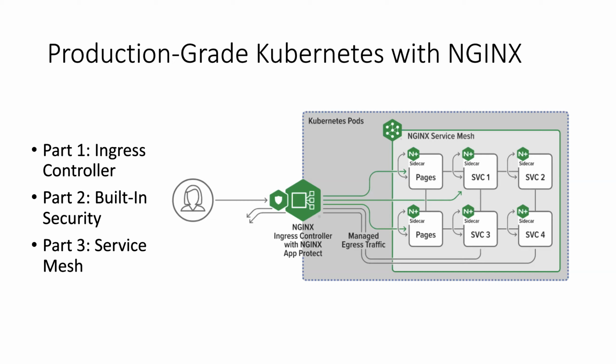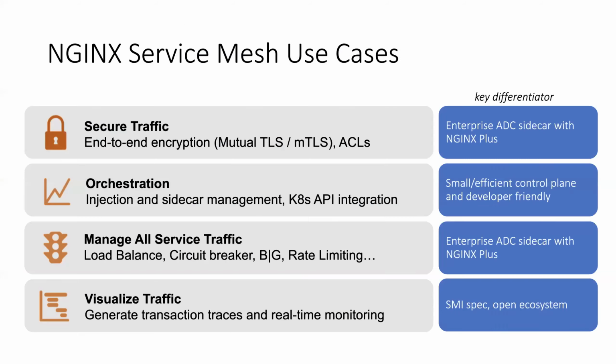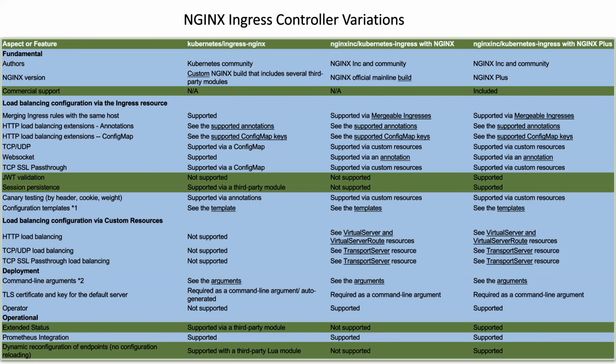But if you are planning to run that in production, I would strongly recommend you go with a commercial edition of it, because there are a lot of features which are not available as part of the open source. So this is what I wanted to close this particular argument with. There are three types of NGINX Ingress controller currently available in the market. As you can see, the first one is Kubernetes managed.